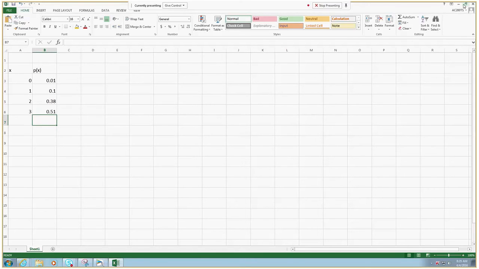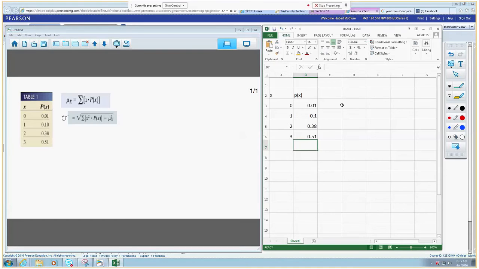Now, you look at the formula. In order to find the mean, I've got to multiply x times p of x and then do what? The sum of all. Yes, that's how you say it.